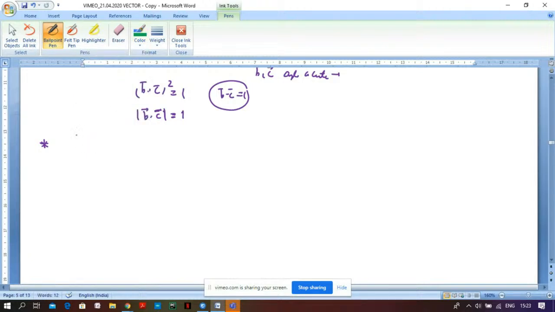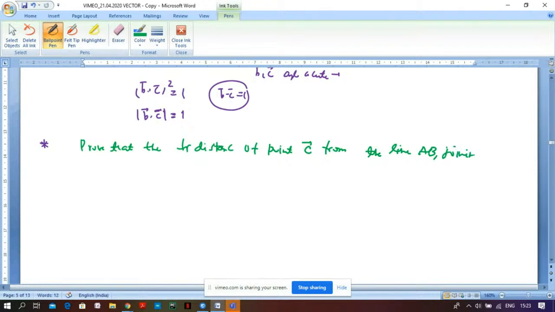You are asked to prove that the perpendicular distance of point C from the line AB, joining A and B, is modulus of b cross c plus c cross a plus a cross b over modulus of b minus a.